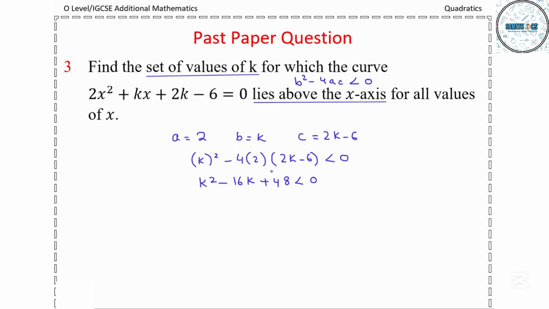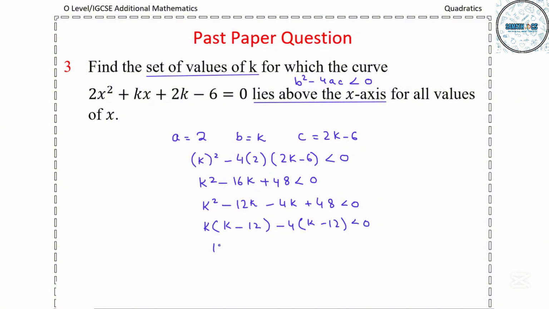First of all, we will factorize this using middle term breaking. So we have k squared, factors of 48 which will give the result as minus 16 are 12 and 4. As we have a minus sign here, we will have minus 12k minus 4k plus 48 less than 0. We'll take k common, k minus 12, minus 4 common, k minus 12 is less than 0.